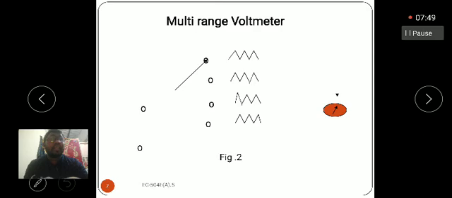Then the multi-range voltmeter. The multi-range voltmeter is the same as the multi-range DC ammeter. In the ammeter we connected the resistors in shunt, here in series. This is the meter. All the resistors R1, R2, R3, R4 are connected with the switch V1, V2, V3, V4.